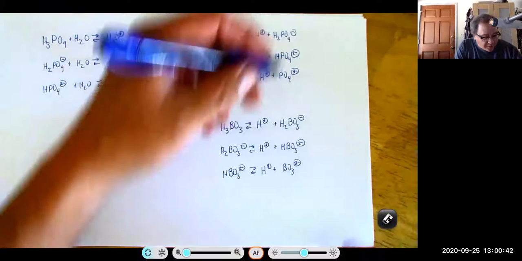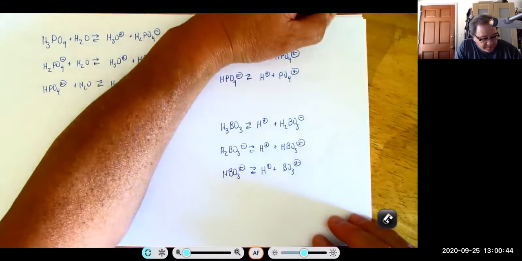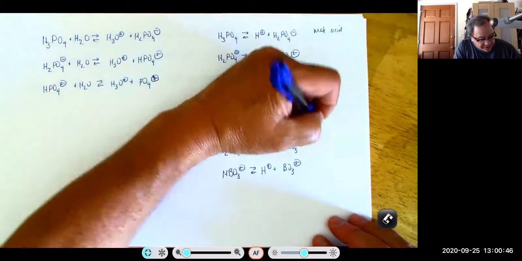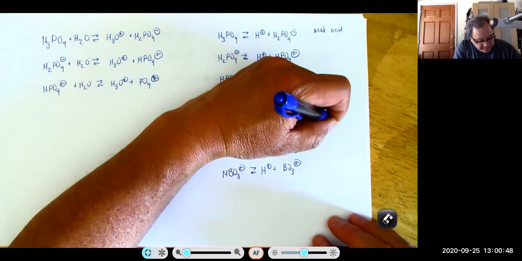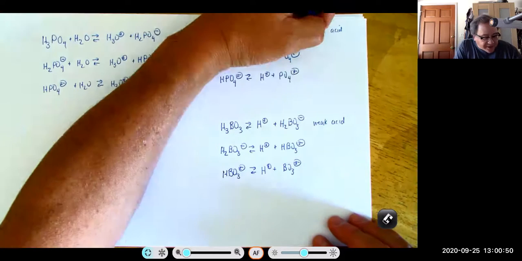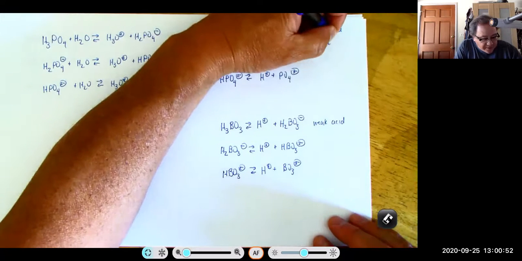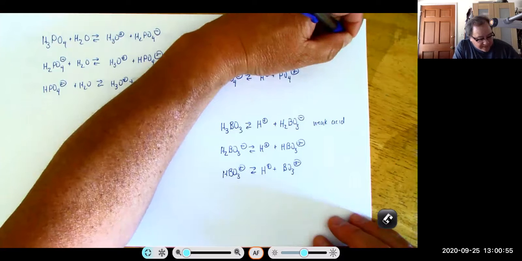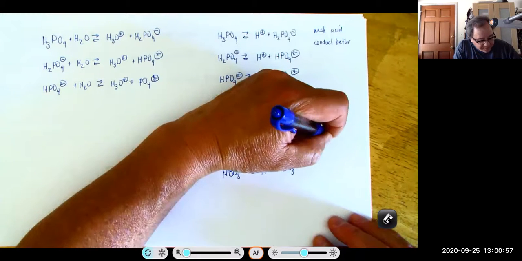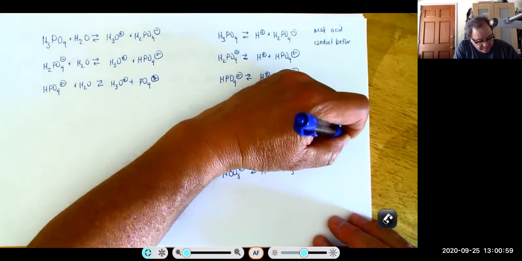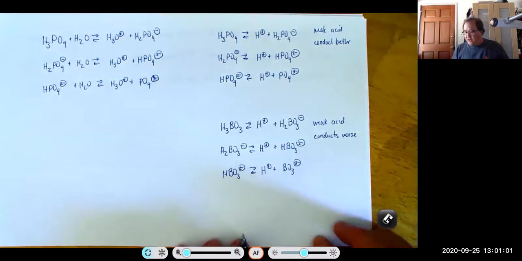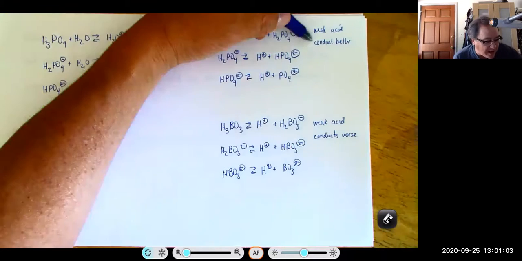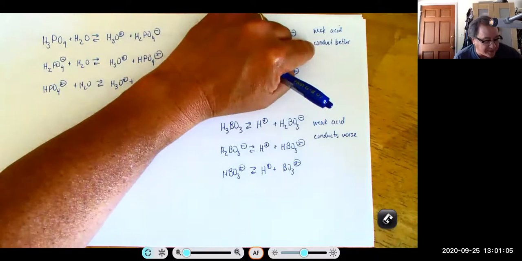Okay, so remember, I wrote this out using water here, but if we take a look at these two, and we know this is a weak acid, and this is a weak acid, and we know that this conducts better, and this conducts worse, what could we say about the number of ions here if it conducts better?